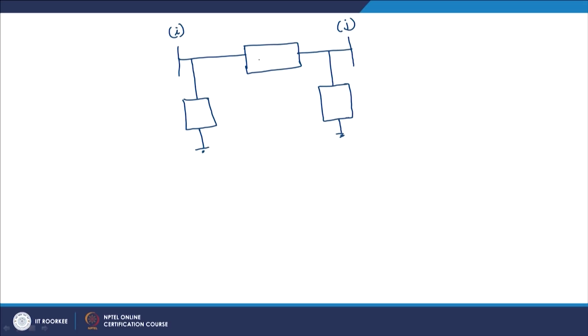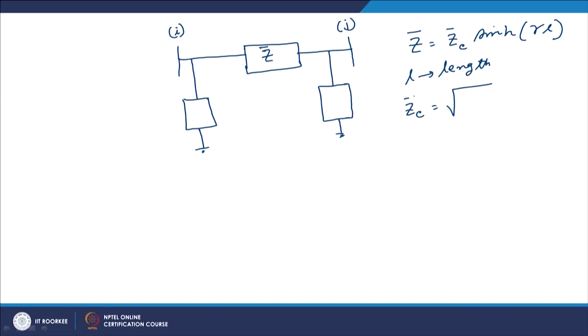Now, this value Z series is given by Zc sinh(gamma L), where L is the length. Zc is root over z by y.